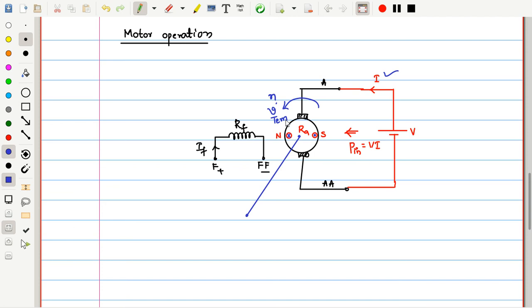Previously we have prime mover torque, from which the opposing force is electromagnetic torque. Now, electromagnetic torque is helpful for rotation of this armature in counterclockwise direction. So that electromagnetic torque is acting on this conductor downwards. So, just let me say directly instead of making it more complex, that electromagnetic torque is acting in counterclockwise direction like this.